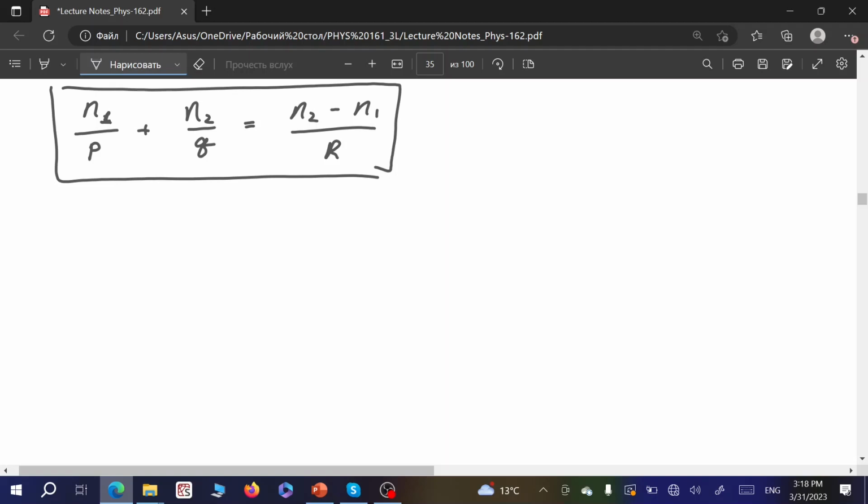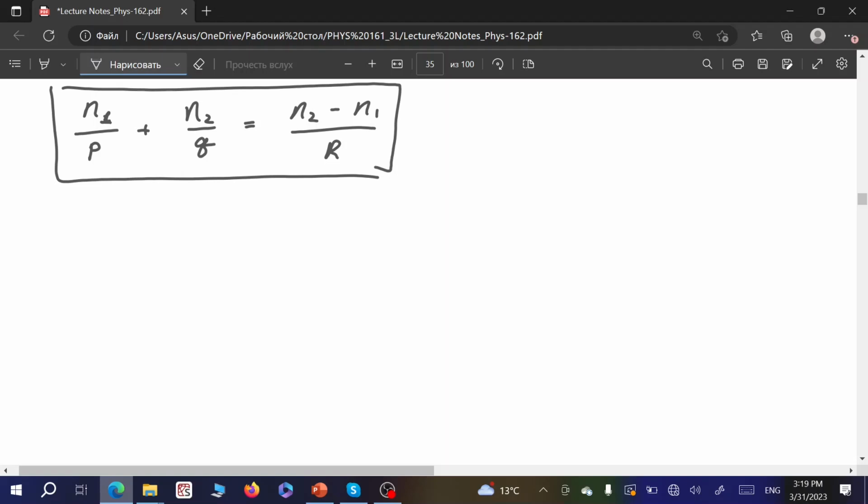We didn't consider the other side, just the interface between two media. We didn't specify that the second medium ends somewhere, so it's kind of infinite air, infinite glass, and there is one interface. This is the equation for this specific case.